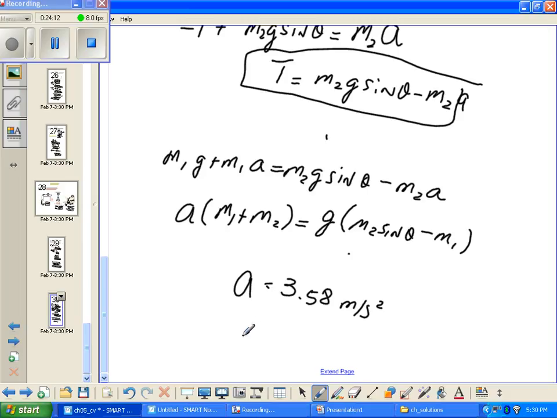And once again, using one of the T's, we obtain T equals 26.8 newtons.